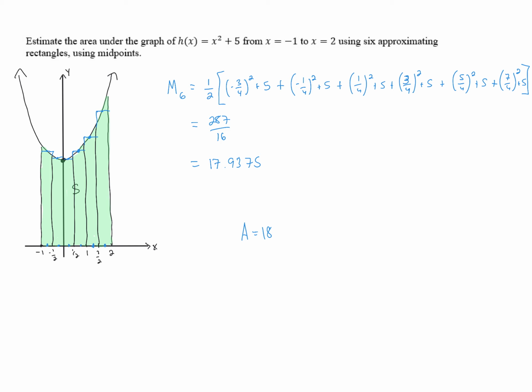So in this case, using 6 rectangles and midpoints actually got us only 1/16 away from the actual answer. So it's actually a pretty useful way even to get approximations. Though, of course, we know the goal is to get the actual area, which involves taking a limit, but even these approximations can be pretty good.